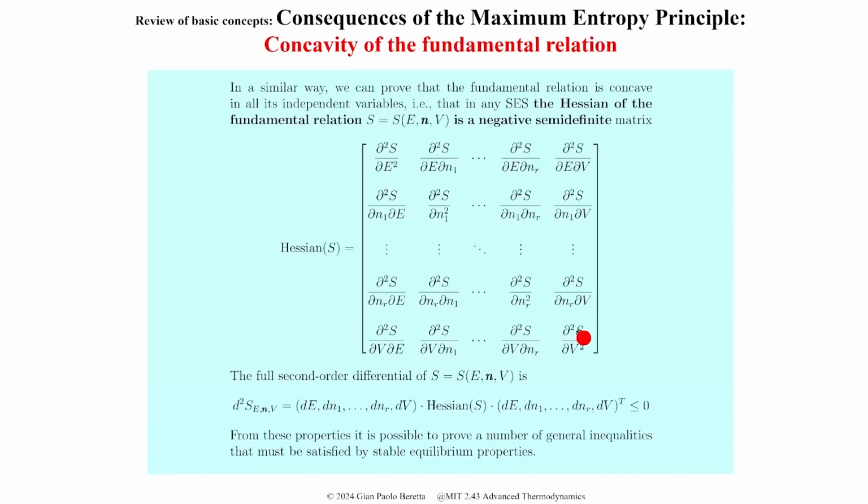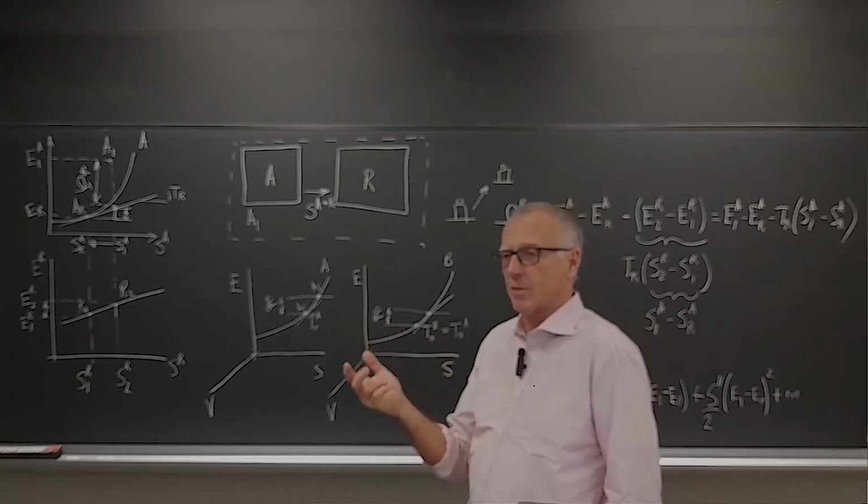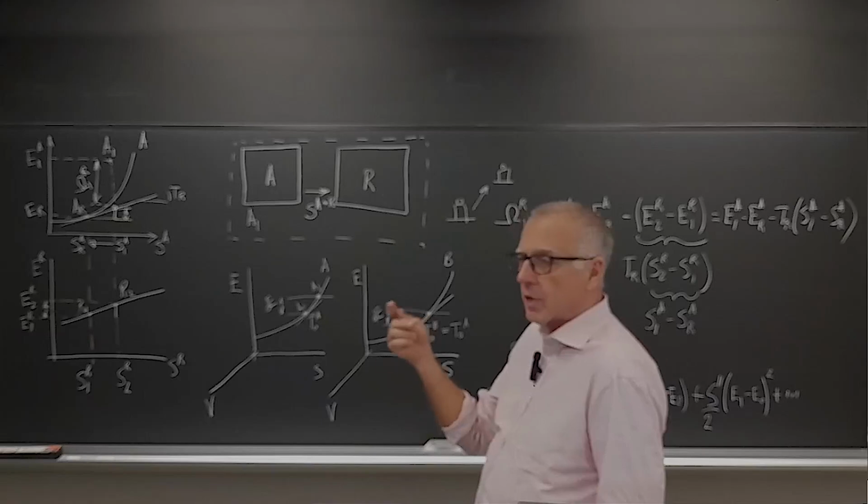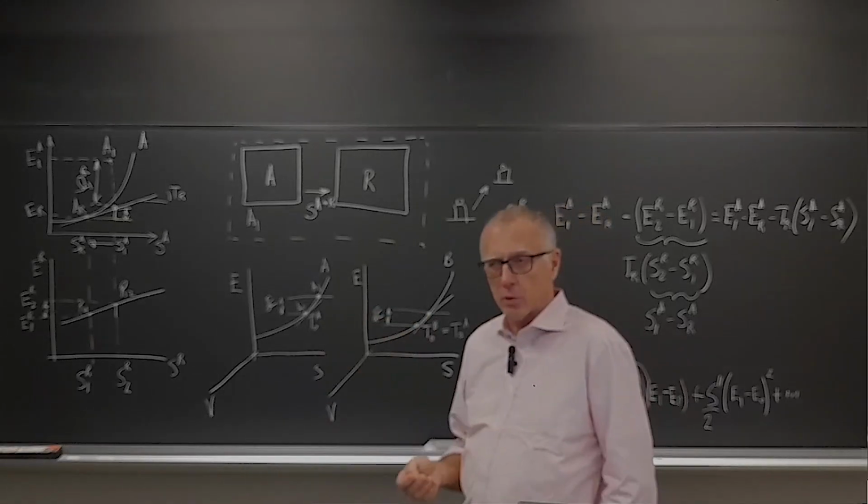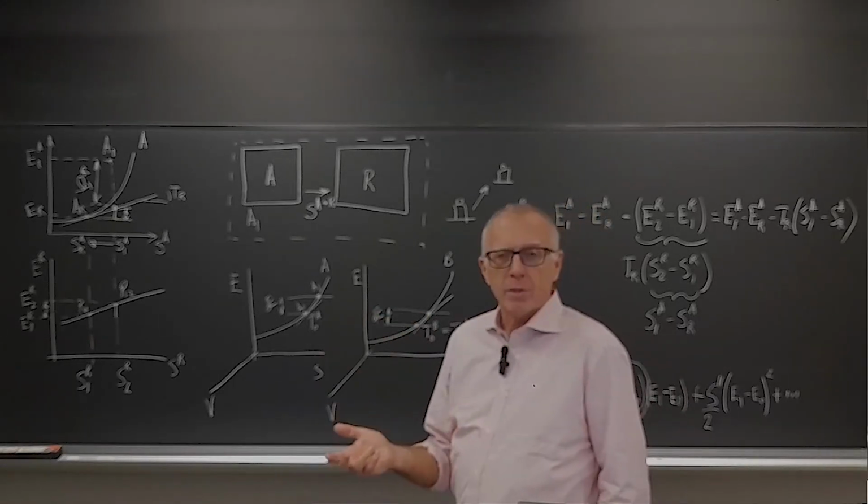For example, one of these inequalities that is well known is that the specific heat of a substance, which is related to the second derivative of S with respect to E, must be positive.